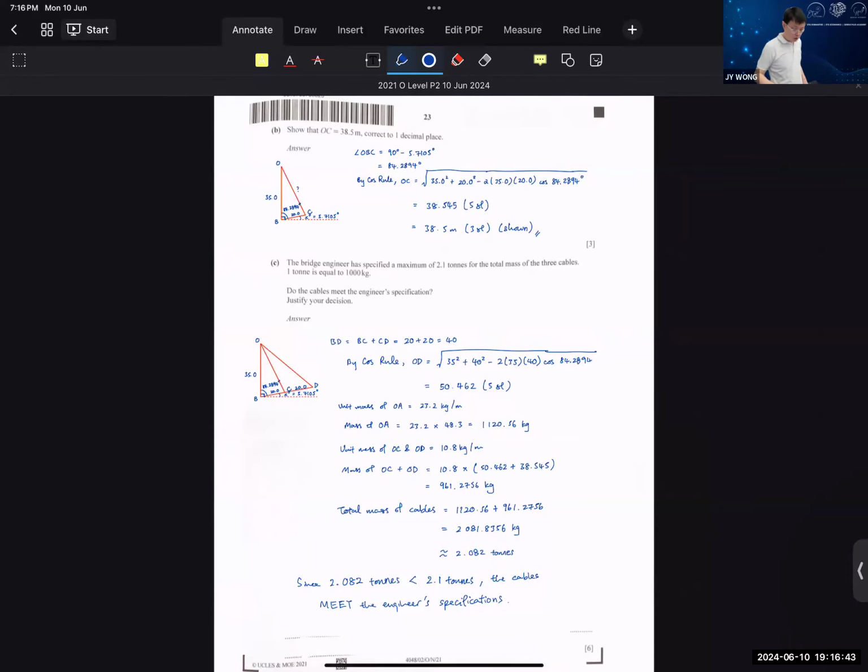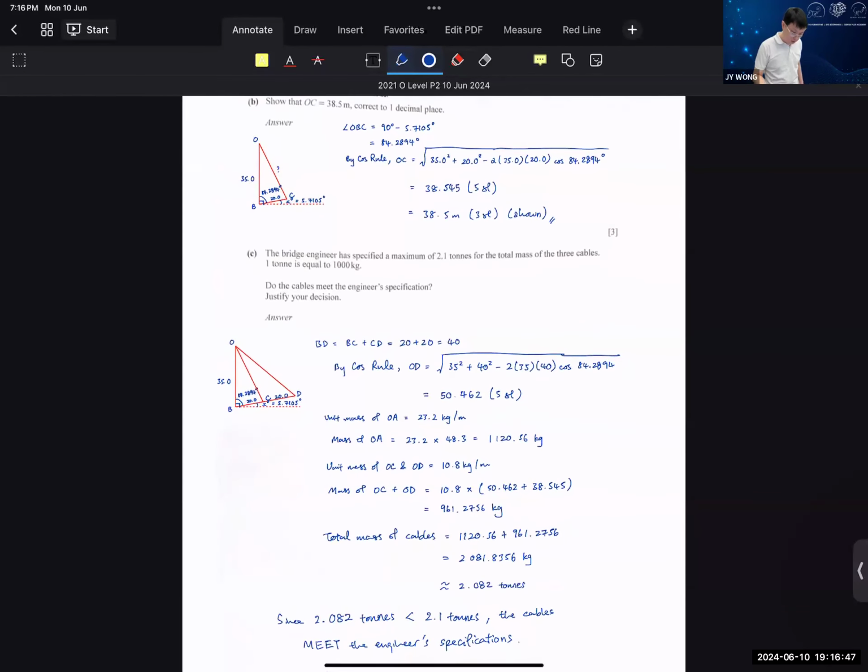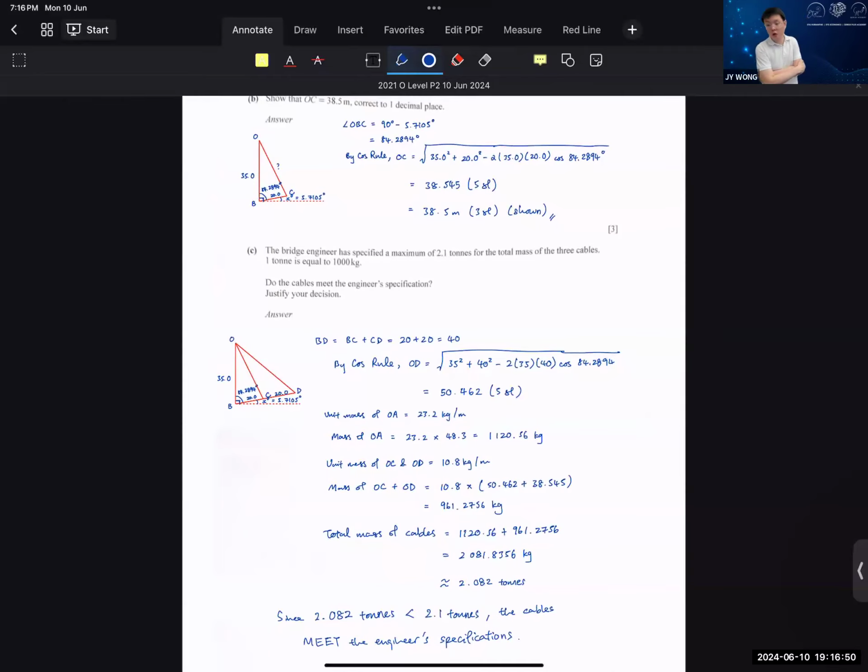If you realize this question is just apply cosine rule twice. Trigo, then cosine rule, cosine rule. The rest of the question is really testing whether you understand how to read this thing called a table that by right you learn in primary school. It's a primary school skill. Then it's a skill that you learn in science, you learn in math, you learn in geography.